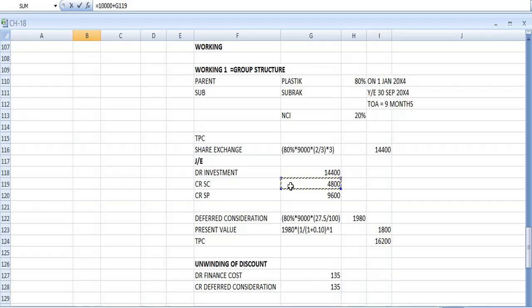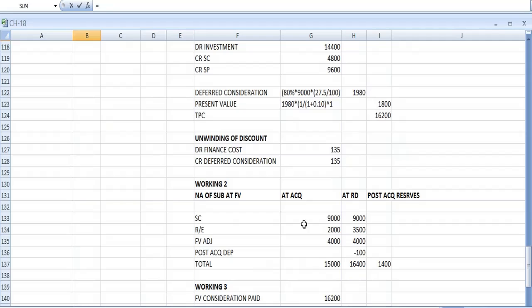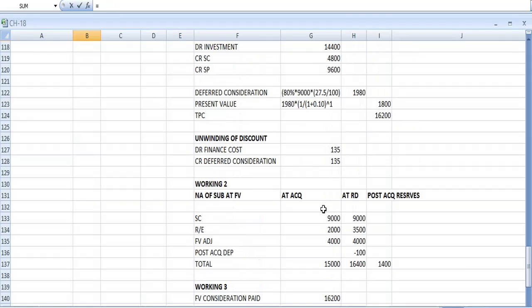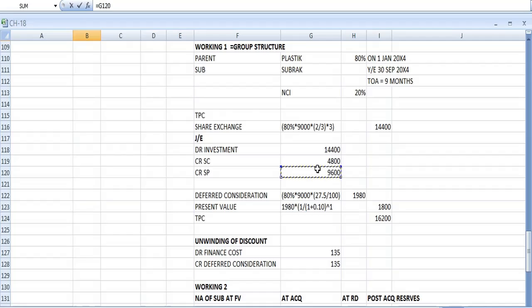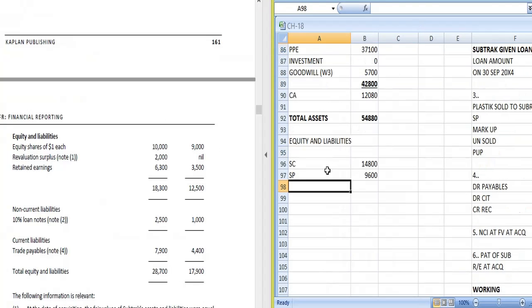We will add this to the share capital of the parent, and then we will write down share premium. Share premium is 9,600. Okay. Then revaluation surplus.